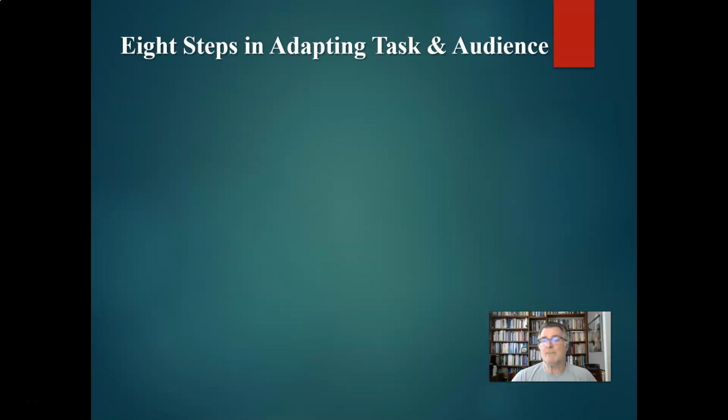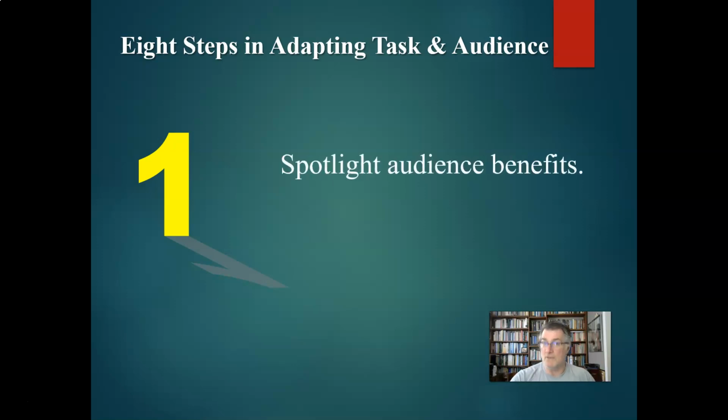Okay, 8 steps in adapting tasks to an audience. This is very simple in terms of considering that which you are writing about, which is the content of the email, and that potential audience. So, number 1, you can spotlight the audience's benefits. Now, I'm talking about some serious things here, or have been for a few minutes.